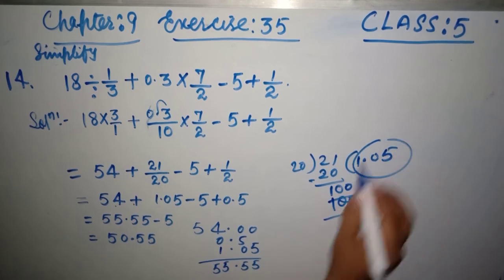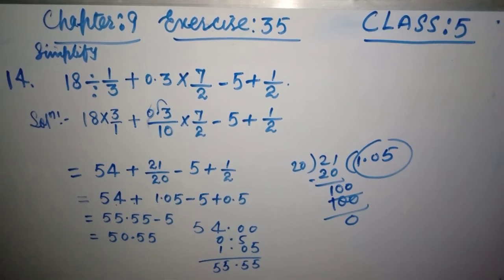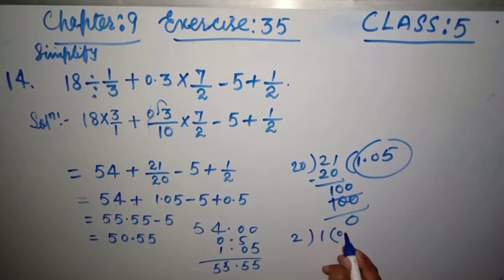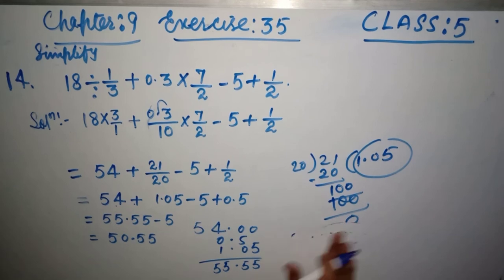So the answer is 1.05. If we divide 21 by 20 we will get 1.05. So this is why we wrote over here this minus 5 as it is, and now this 1 by 2 means 1 is divided by 2, so it's 0.5. That means here the 0.5.